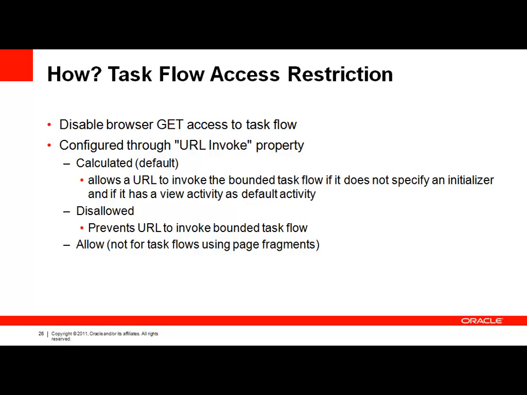Now you can change this to a disallowed state, and the recommendation really is to have every bounded task flow not accessible from a GET request, because that would lock it down and further protect your environment. It's kind of a compartmentalization where you lock down the individual modules that make up your application and then make sure that only the application flow is able to call it.